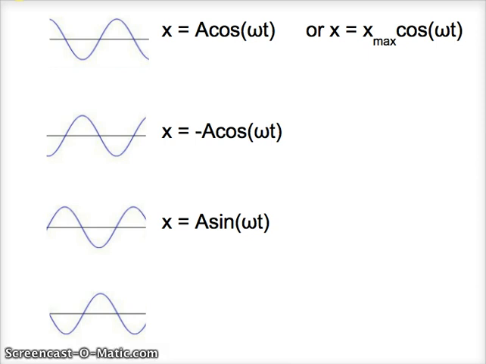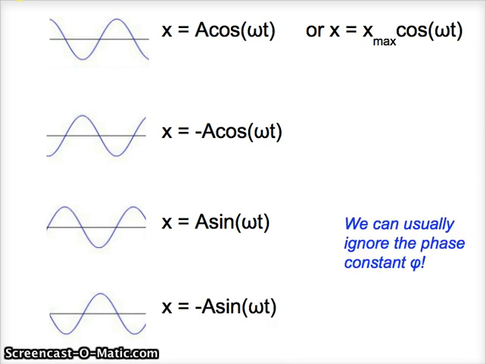So we could just switch to the same basic look of the function, but use the sine function instead. And of course, the last one here is the flip of the sine function, so we could just put a negative sign in front. So what I want to show you is that usually that phase constant is not necessary. In most situations, we can just work from here.